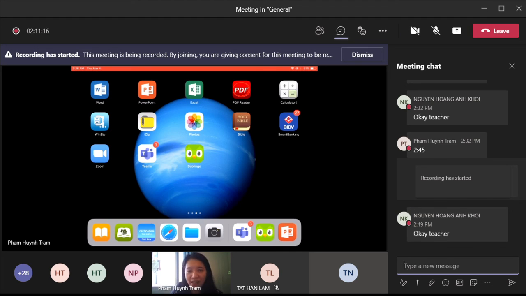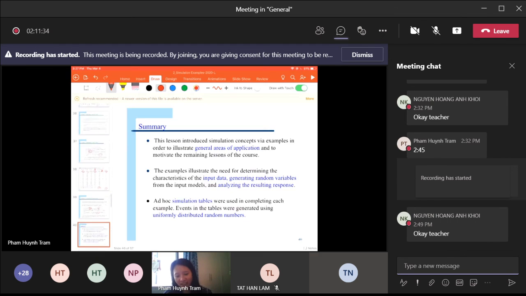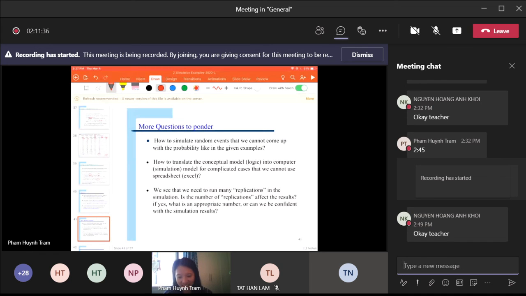If you stop the simulation at 20 customers, it will be very different from stopping at 10 customers or 100 customers. When we calculate the average, it will be different. So what is the appropriate number here? The appropriate number that can give us confidence in the simulation results.